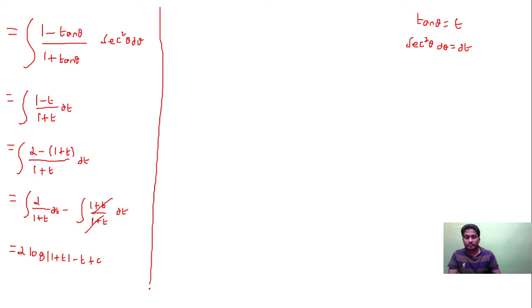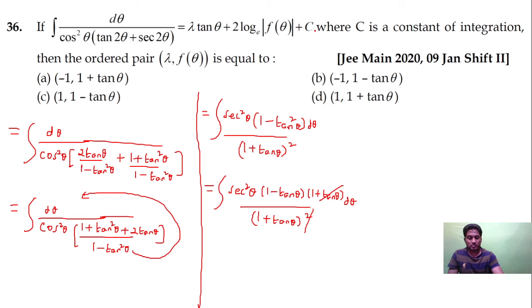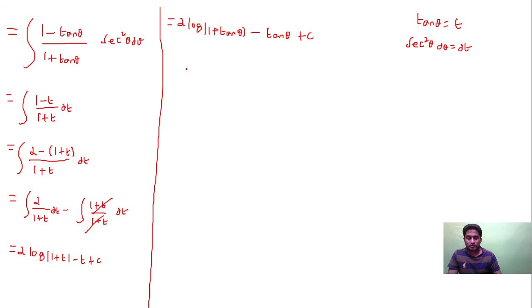So the value of t is equal to tan theta. You get 2 into log of 1 plus tan theta minus tan theta, and then plus c. If I write in standard form according to the question, this will be equal to minus tan theta plus 2 into log of 1 plus tan theta plus c.